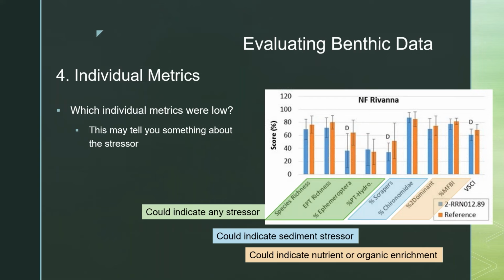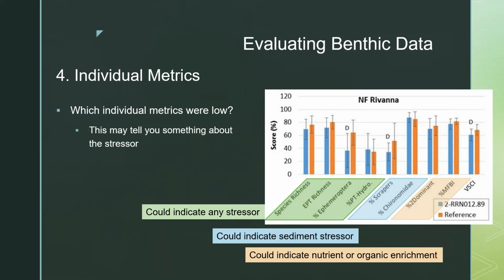The next grouping there, scrapers and chironomids, those could potentially be indicators of sediment stressors. If we have really low scraper abundance, that could be an indication that sediment is covering up benthic substrate.